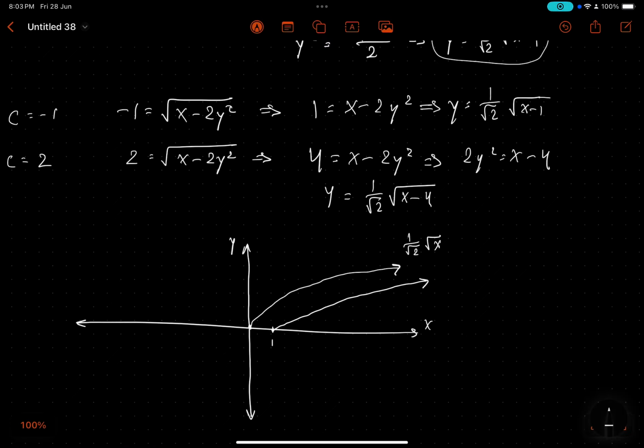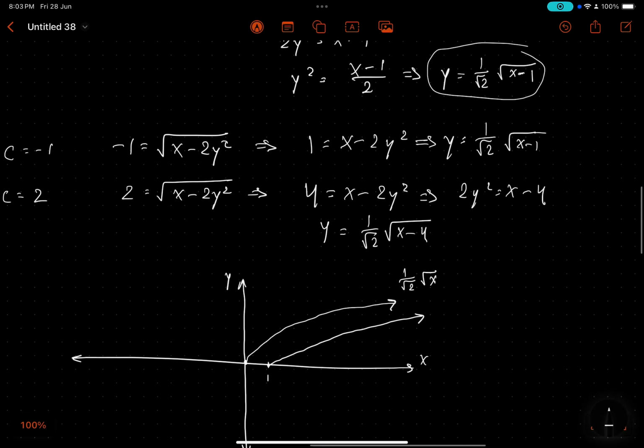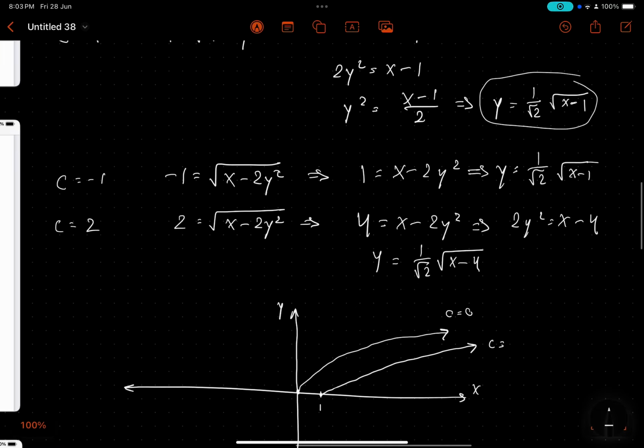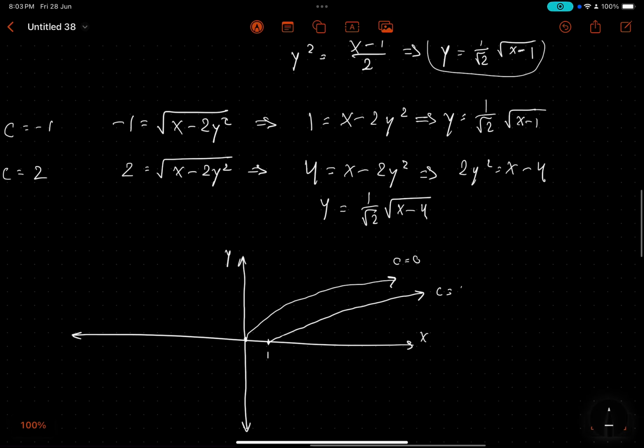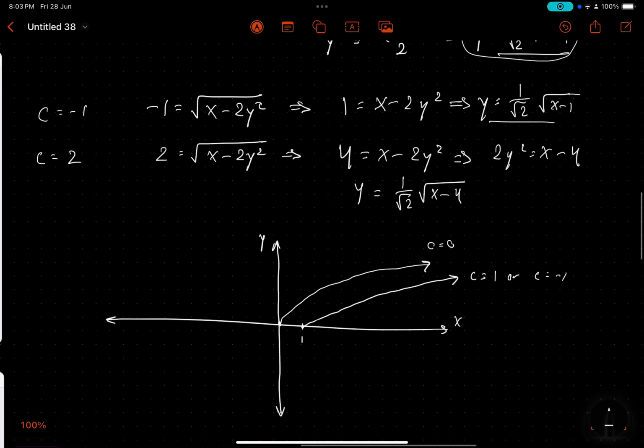Of course, the square root cannot be negative. We can say this is for c equals 0, and this is for c equals 1 or c equals negative 1. These are the same curves. What does this mean?